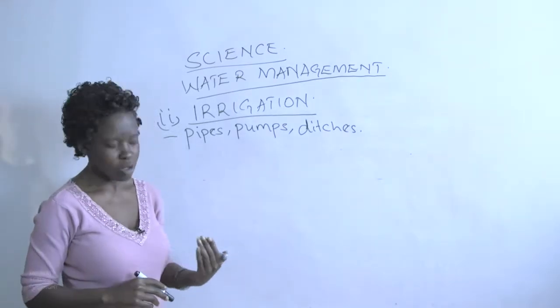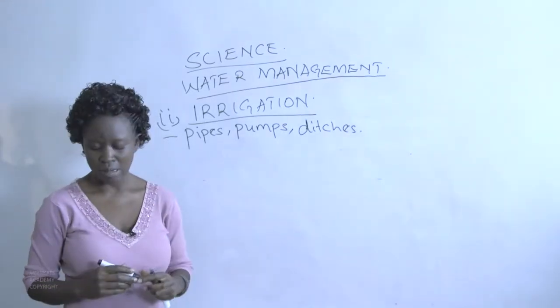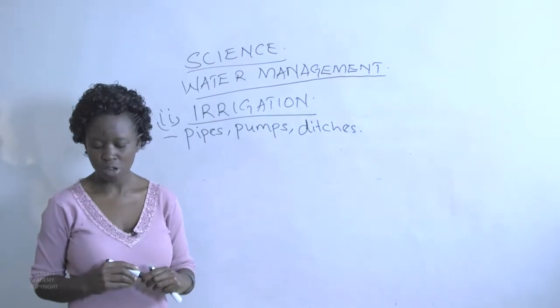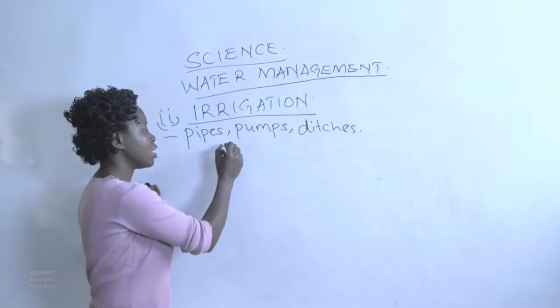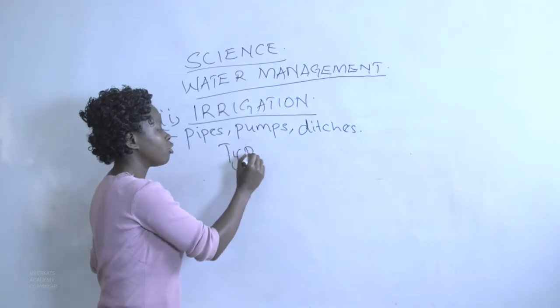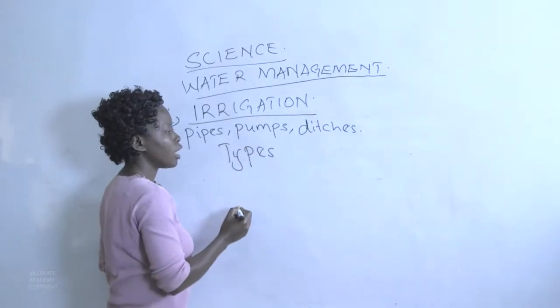So in this process, we have various types of irrigation that are practiced in Australia. We have two types that we are going to look at.